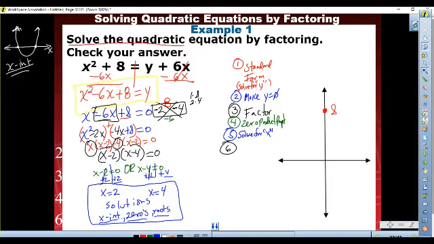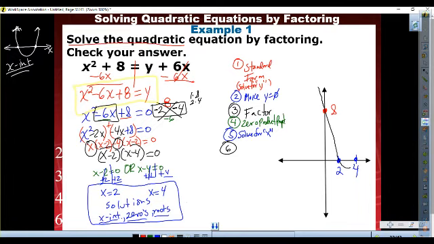Tell your neighbor, what other 2 points can we plot to get our graph going? Everyone? 2 and 4, because we know those are my x-intercepts, right? And now with those 3 points, I can graph my parabola, going from left to right. So step 6 is graph. Copy that, please.